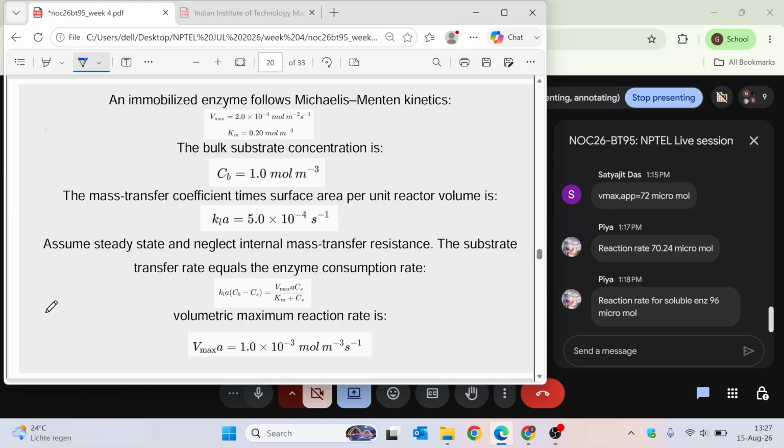So based on this, you should tell about external mass transfer, approximate surface concentration, and the reaction rate, the observed reaction rate.